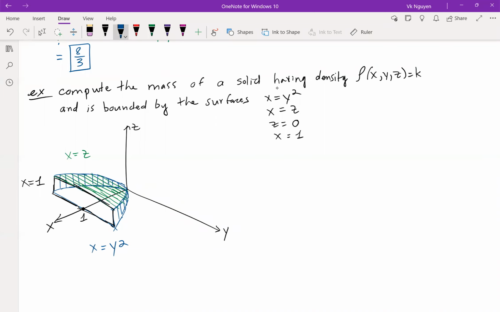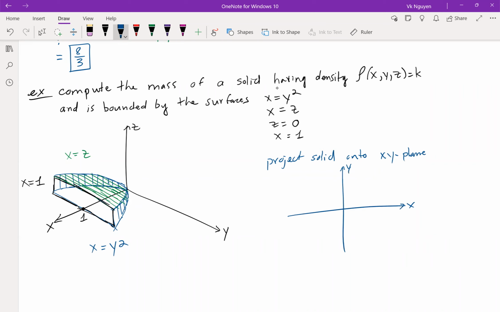It's best to project it onto which plane? XY, YZ, XZ, which one? So when you project it onto the XY plane, we have x equal y square and x equal 1.